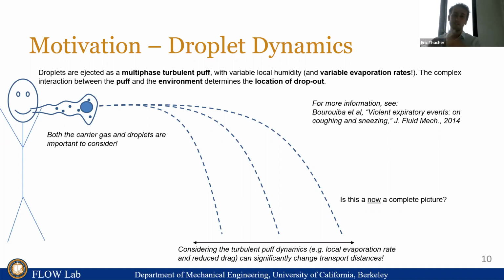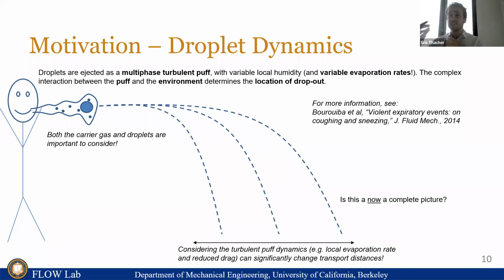But basically, when you have this multi-phase turbulent puff, you have variable local humidity, and in turn, you have variable evaporation rates. So depending on where the droplet is in the puff, it will evaporate to an equilibrium size at different rates. And it develops this complex interaction between the puff and the environment to determine how far droplets are expelled.